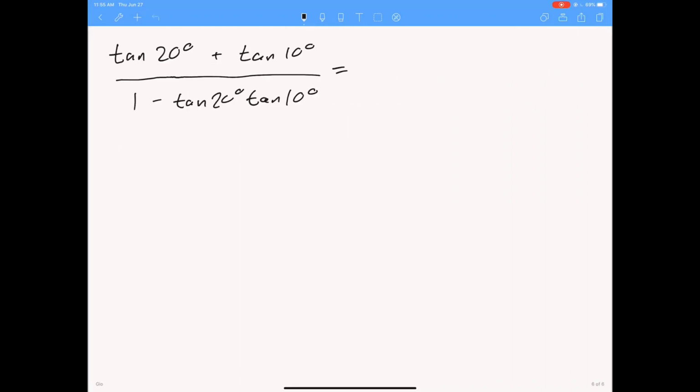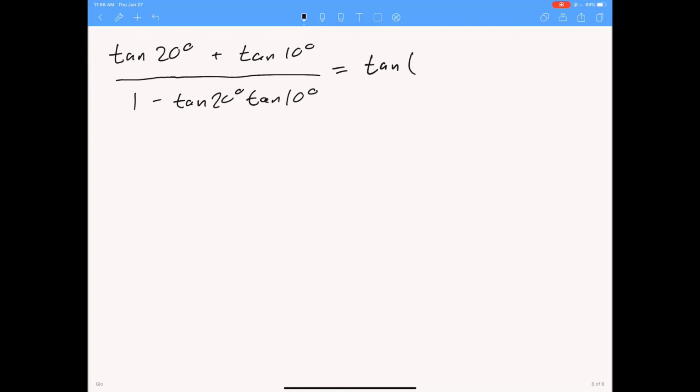Same idea here with tangent. Each expression on its own, like tangent of 20 degrees and tangent of 10 degrees, we don't know, since they're not familiar angles, but it just so happens to follow the format of the tangent sum or difference identity.